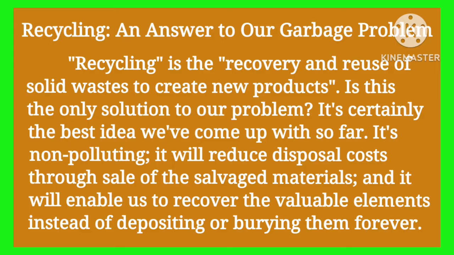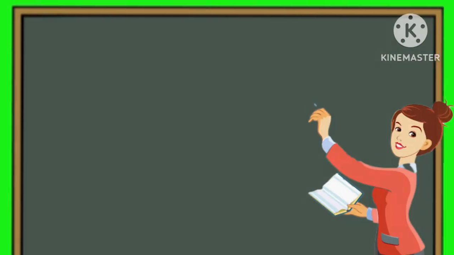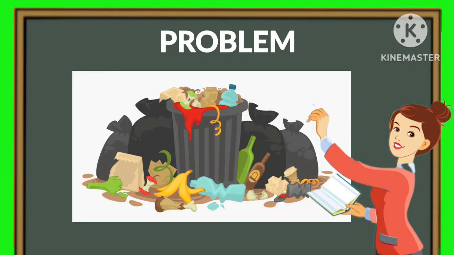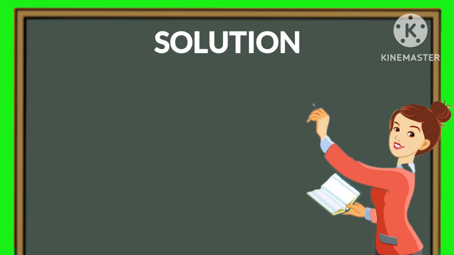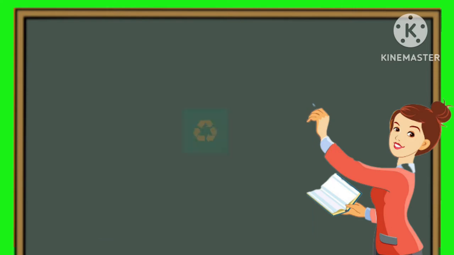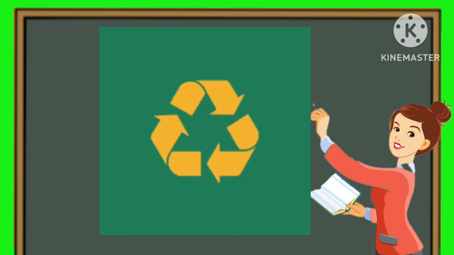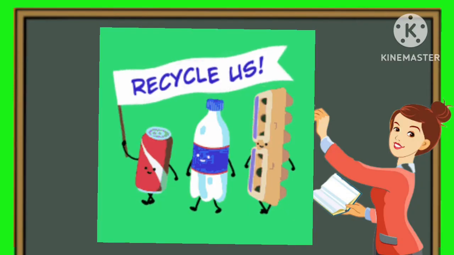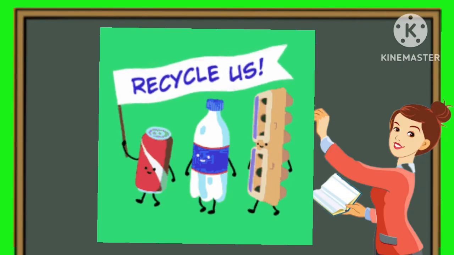The text presented both the problem and the solution. Kids, the problem is our garbage, and the solution is recycling. As for this moment, recycling is the best solution to the problem. To convince us that recycling is the best solution, advantages were given. Recycling is non-polluting.